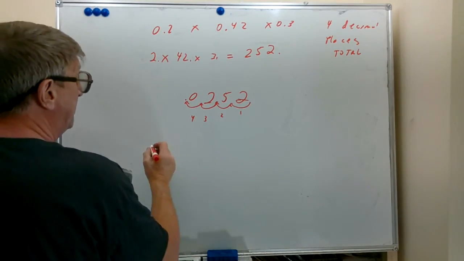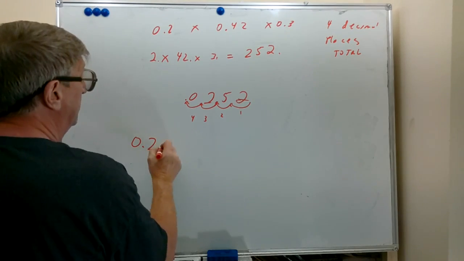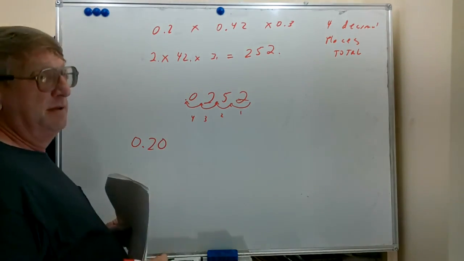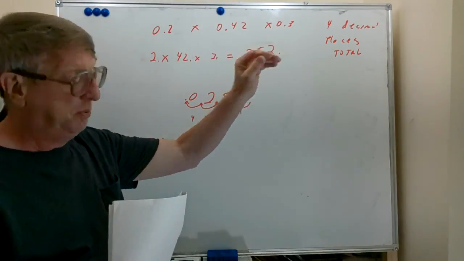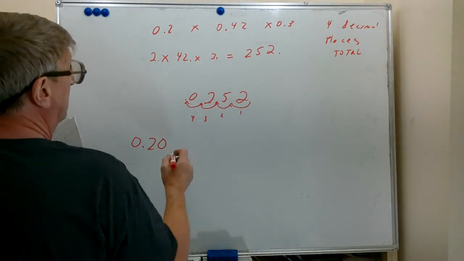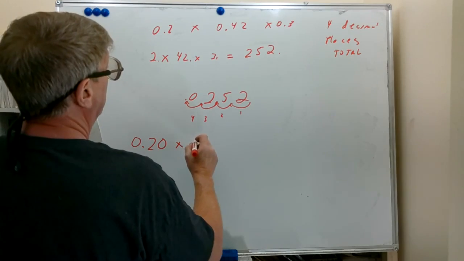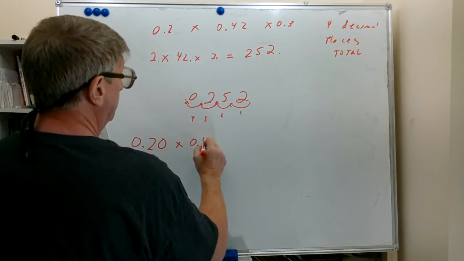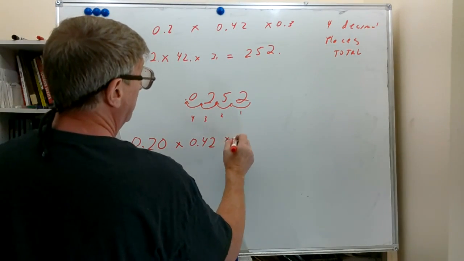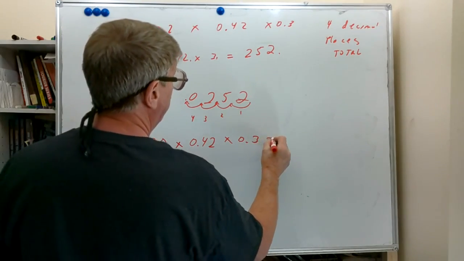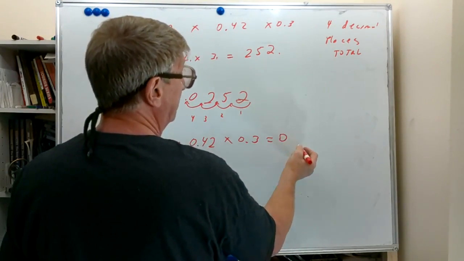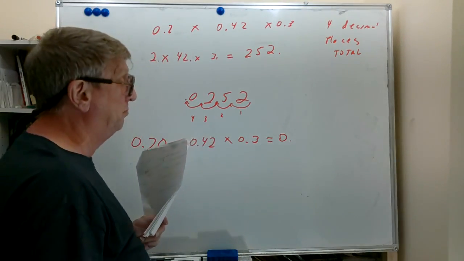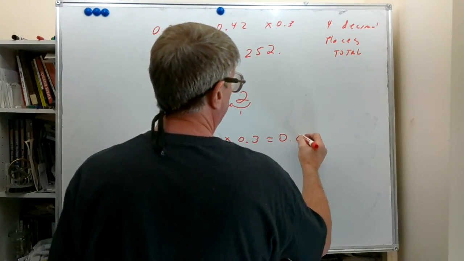So what we end up with is 0.2, and I'm going to put this 0 back in because it represented precision, but we didn't use it to determine decimal places, times 0.42 times 0.3 is equal to 0. We're going to put a leading 0, which just helps offset our decimal point here. 0.0252.